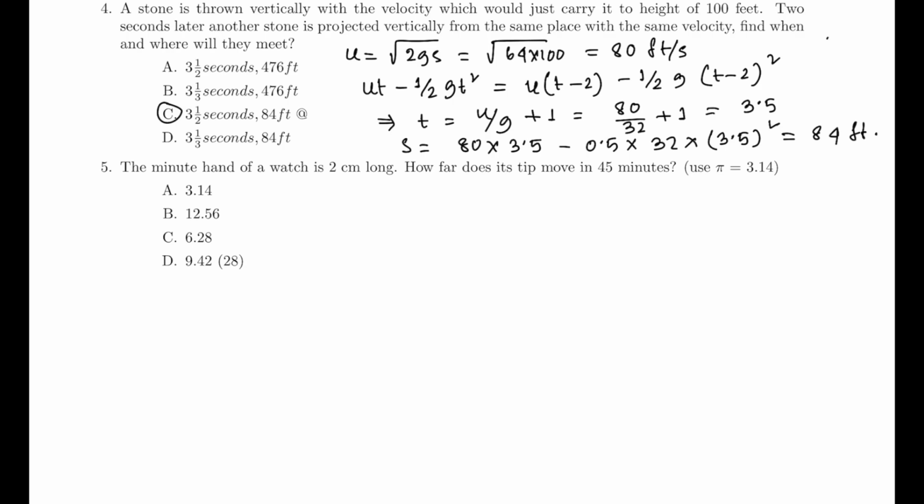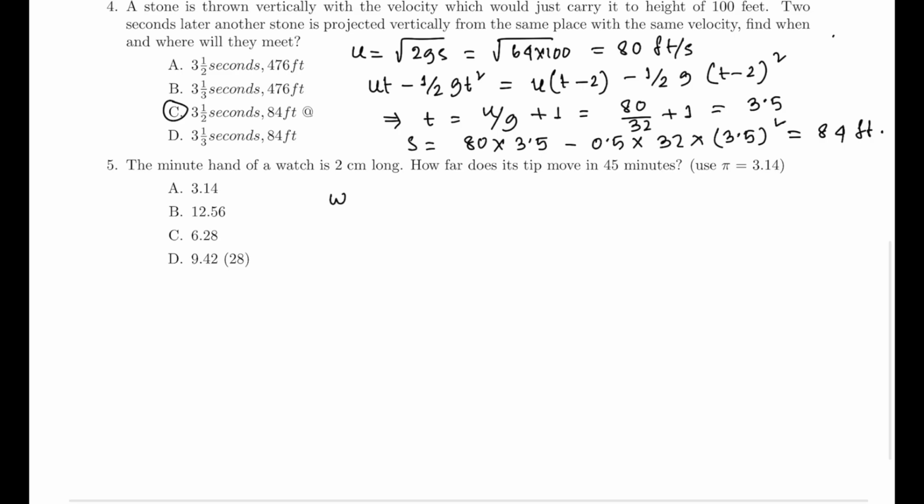The minute hand of a watch is 2 centimeters long. How far does its tip move in 45 minutes? So a minute hand has an angular speed omega of 2 pi divided by 60, because it travels 2 pi angle in 60 minutes, right?